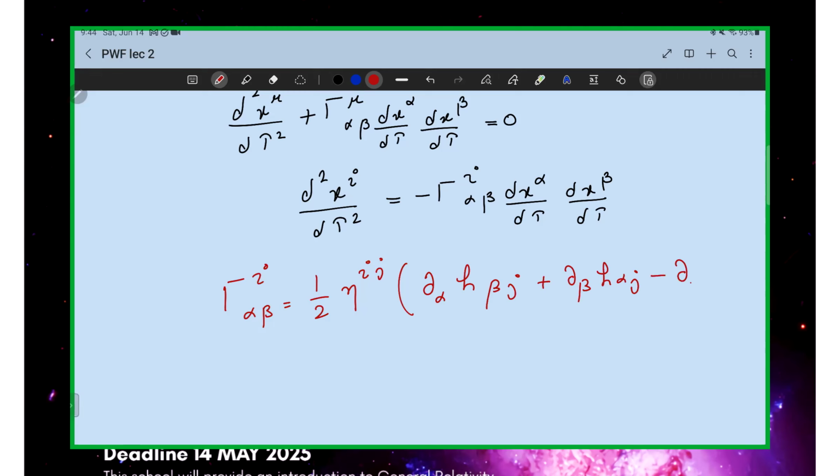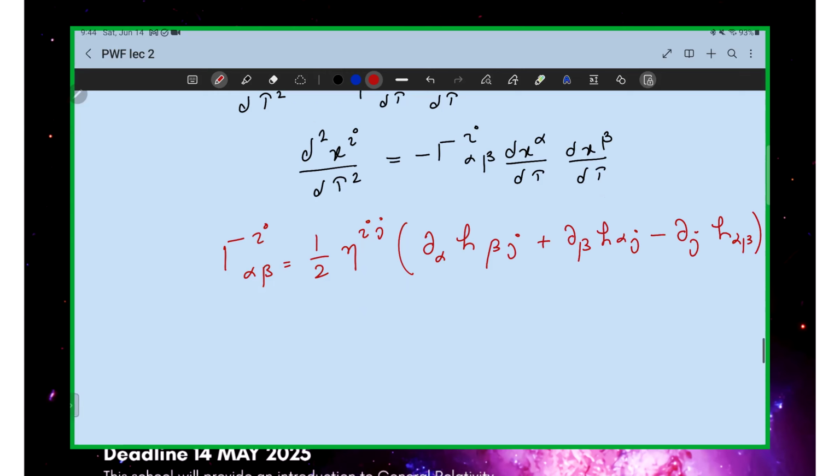J, alpha, beta. Yeah, and since this is a flat metric, j has to be equal to i. So let me just make it i.